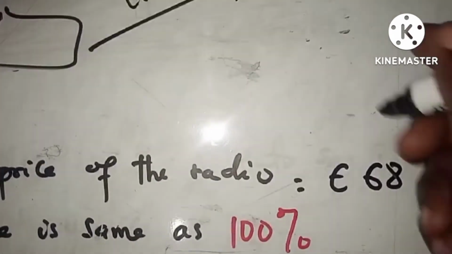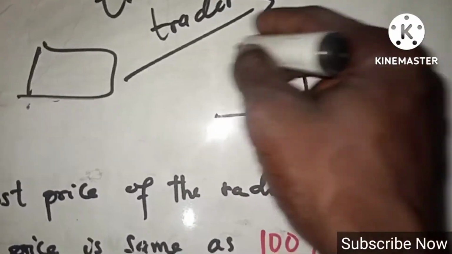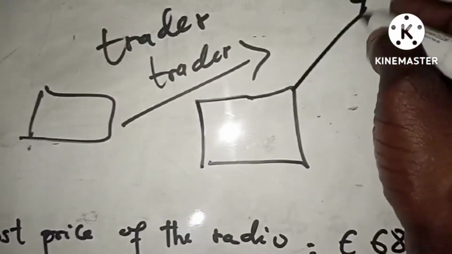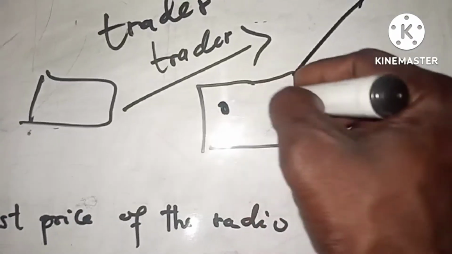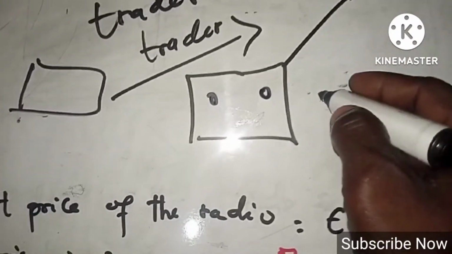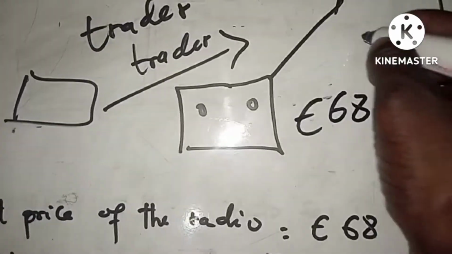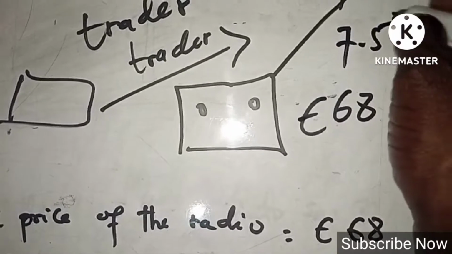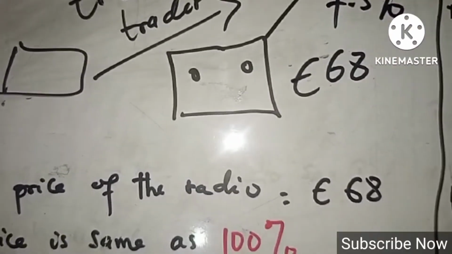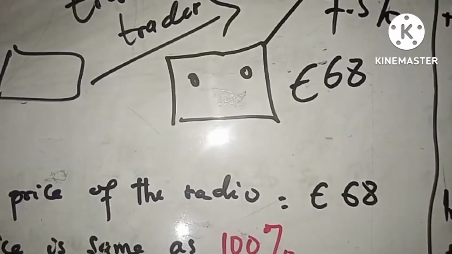So this is the radio set, a very simple radio set with a very beautiful antenna at the top. You bought this thing at an amount of 68, and then you sell it at a profit of 7.5%.